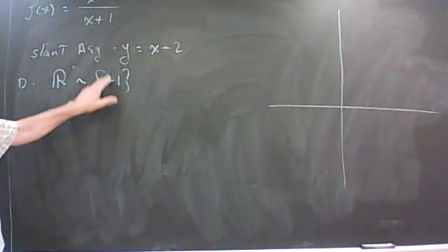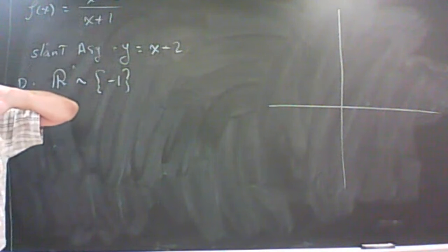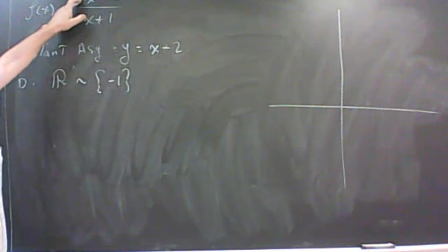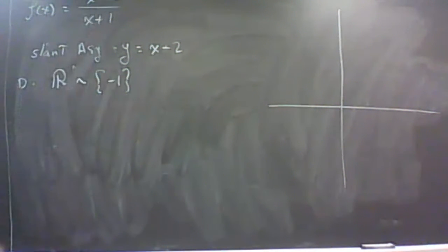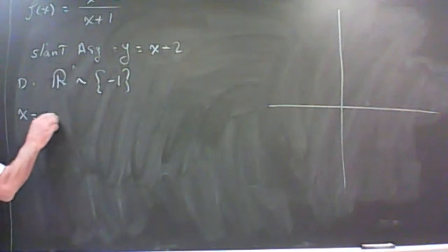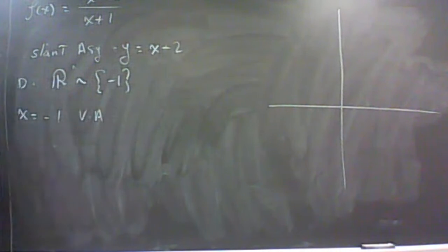Let's see. I only have a multiplicity of 1, so I can check it in the numerator. If I substitute -1 here, what do I get? 2. It's not 0. So therefore, x equals -1 is a vertical asymptote.